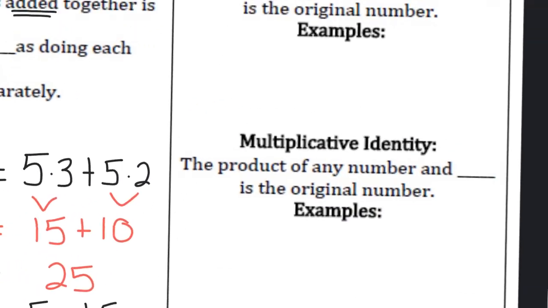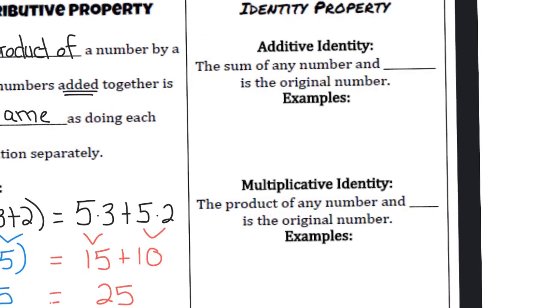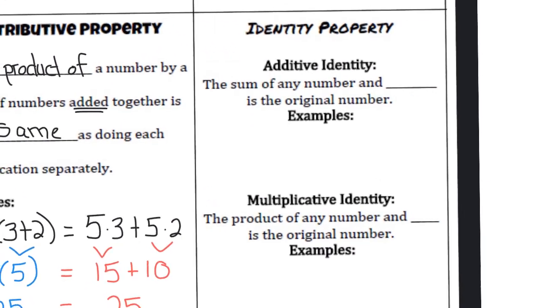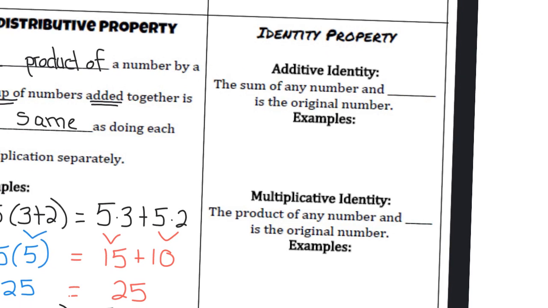Okay, and our last part of our notes is the identity property. You learned these definitely in elementary school, and it's just reviewing them. You might not have known that's what these are called. So we have the additive identity property. When you think of identity, you think of yourself, like what you identify as. So think of that as the same for numbers.